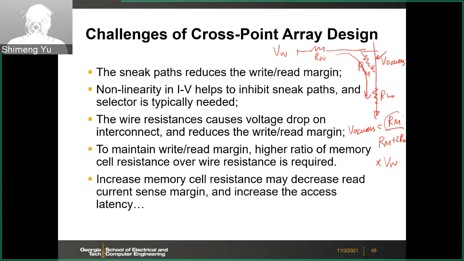So here is a simple voltage divider. Basically, you want the cell resistance to dominate, much larger than the wire resistance, to maintain the write margin. You don't want the voltage drop on the wire, you want the voltage drop on the cell. I believe you have some homework on this as well.